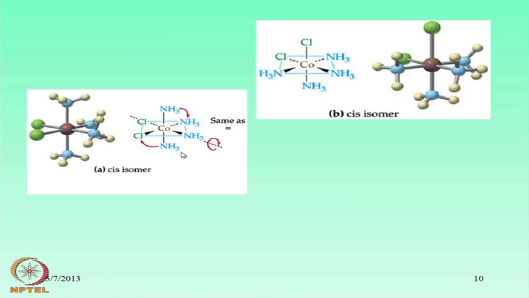In the cis isomer we have this arrangement, and if we rotate it along this axis, which is the rotational axis, NH3 will come over here, this NH3 will go over here, this chloride will remain here, and this chloride will occupy this position.